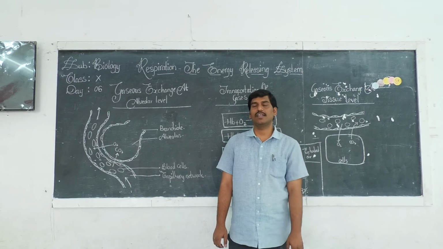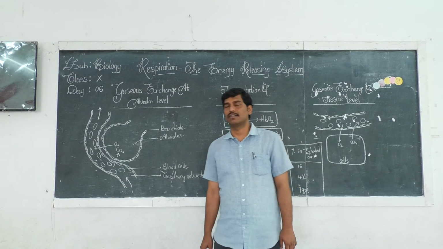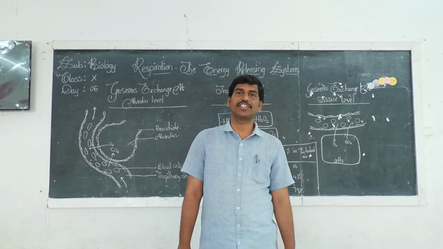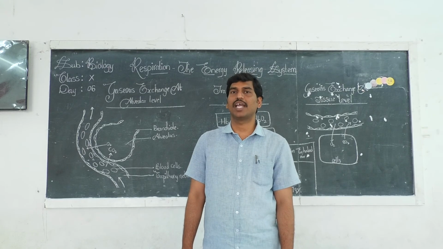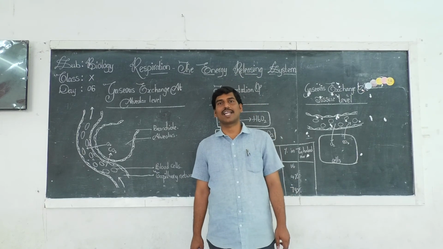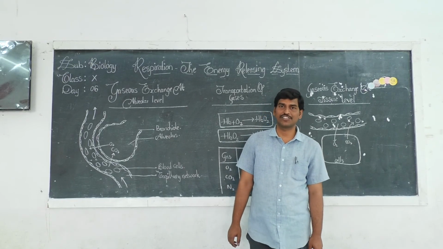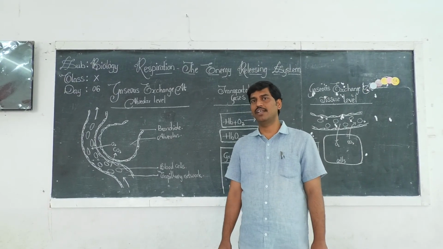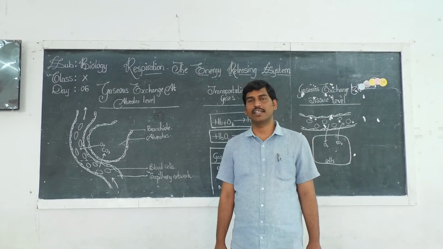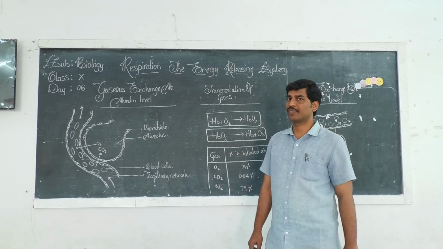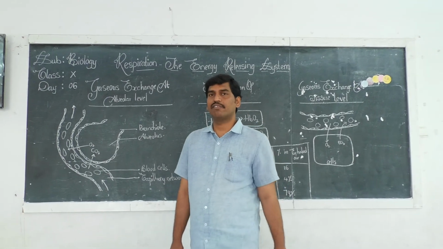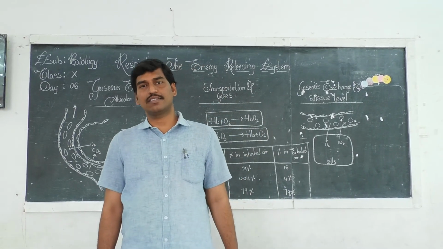The first event is breathing, the second event is gases exchange at lung level, the third event is transport of gases, the fourth event is gases exchange at tissue level, and the fifth event is cellular respiration. In the previous class, we finished breathing, the first event.